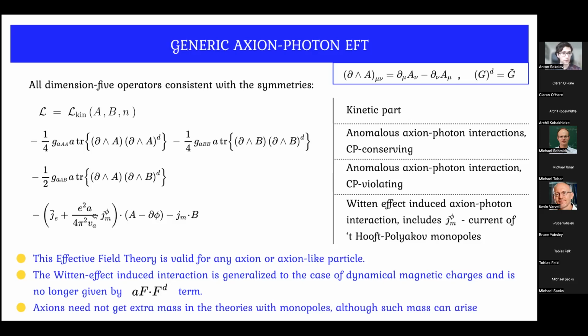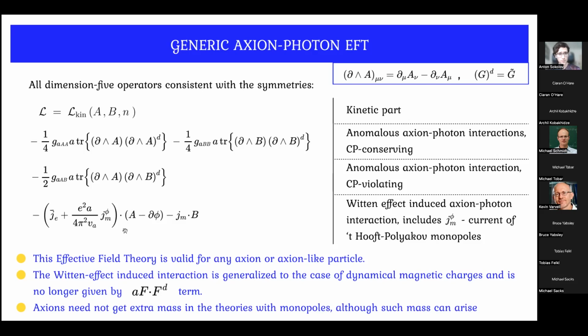Also what we see from this Witten effect-induced axion-photon interaction coupling here is that the axion is actually not symmetric with respect to arbitrary shifts, and this means that this coupling would give some mass to the axion, so generate some potential for the axion.